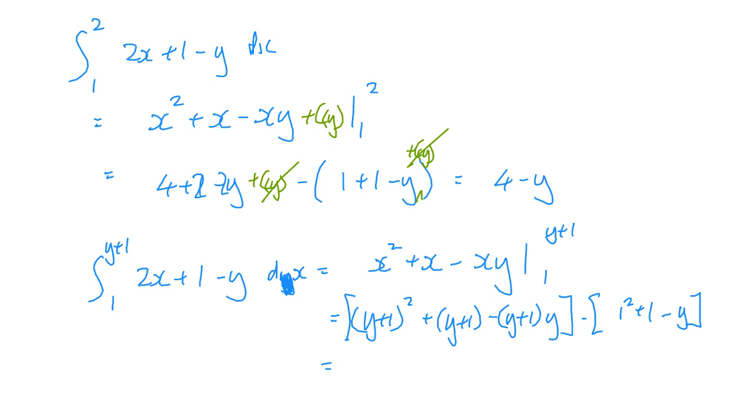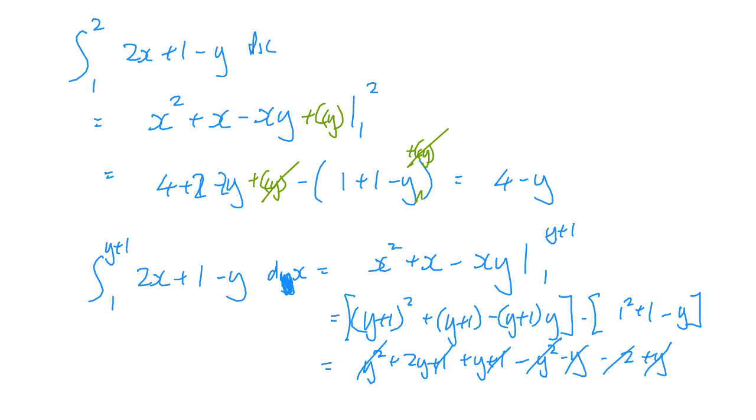So notice there's a decent amount of algebra now to clean this thing up. But I've got y squared plus 2y plus 1 plus y plus 1 minus y squared minus y minus 2 plus y. Well, y squared minus y squared cancels. Minus y plus y cancels.